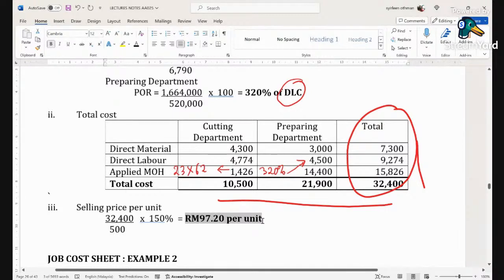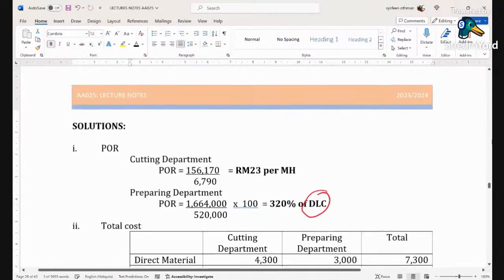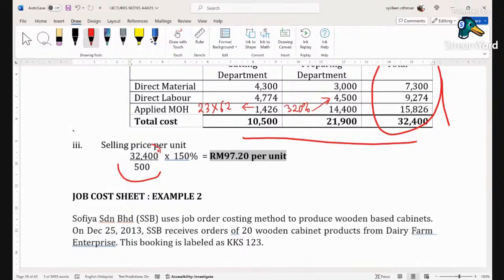Okay, alright. Yang ini ialah your cost price. RM32,400 ni is actually your cost price, sorry. 32,400 is actually your cost price, this one. Okay, pusing-pusing pula screen dia.